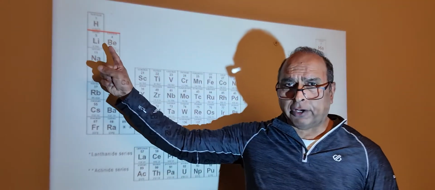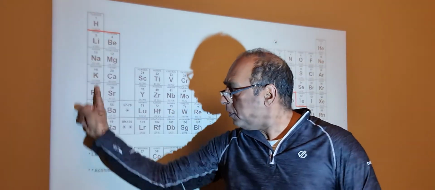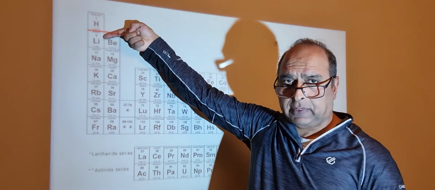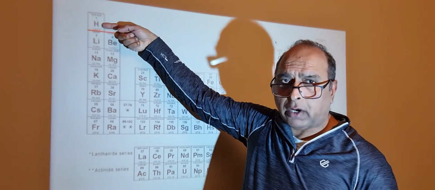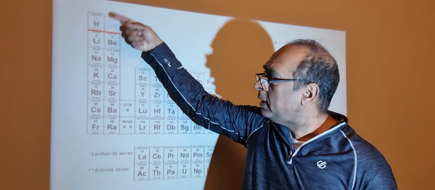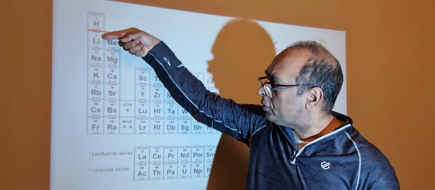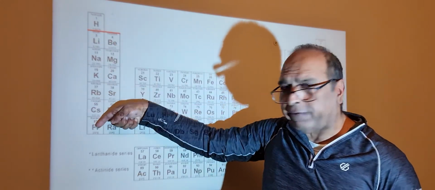So, the first group, this group down here, starts with lithium. Hydrogen is not a group 1 element. Hydrogen, most periodic tables have it separate. So it starts with lithium. Lithium, sodium, potassium, rubidium, cesium, francium.